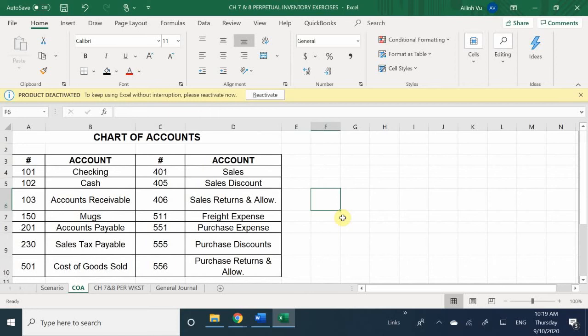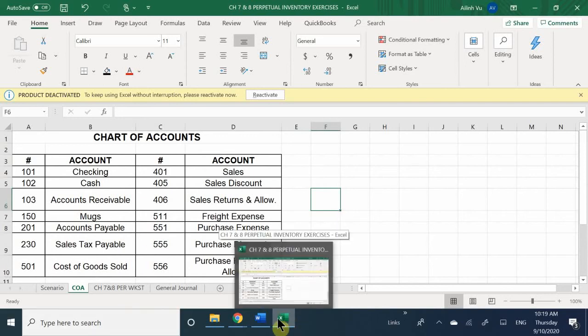So in this case, we do not need a purchase returns and allowances account, because we placed it originally into our inventory. Does that make sense? Okay, so now that it's in inventory, and we return something, we have to take it out of inventory. So accounts payable and mugs are two.